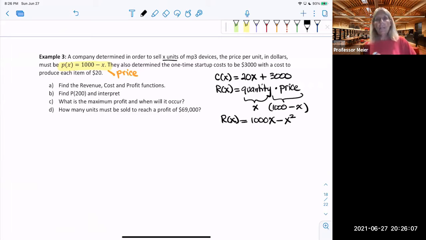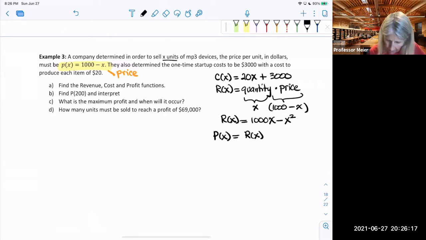And once you have cost and revenue, you can find profit, right? Because we've done this a bunch of times now. Profit, P of X, is always the revenue function, R of X, minus the cost function, C of X. So I just need to do a little plugging in.